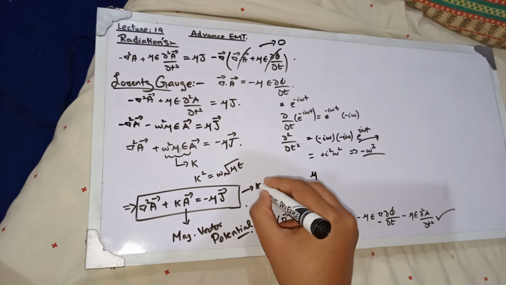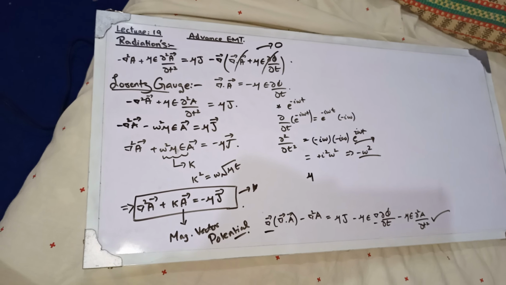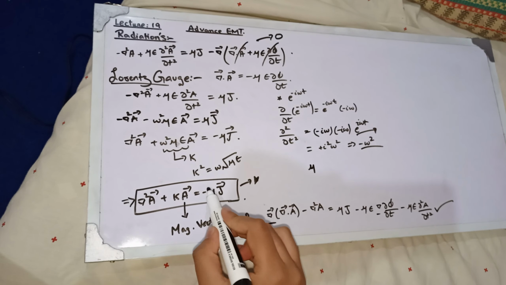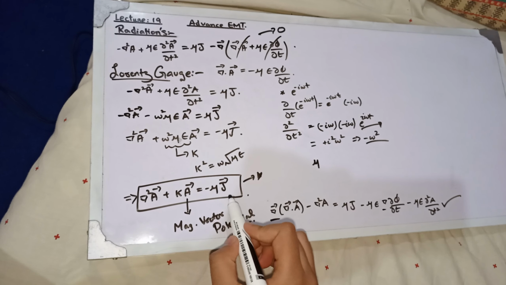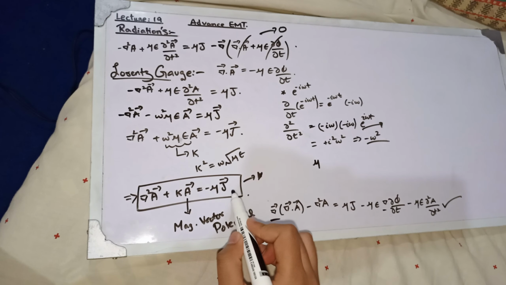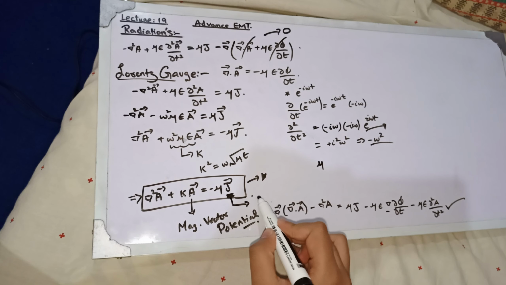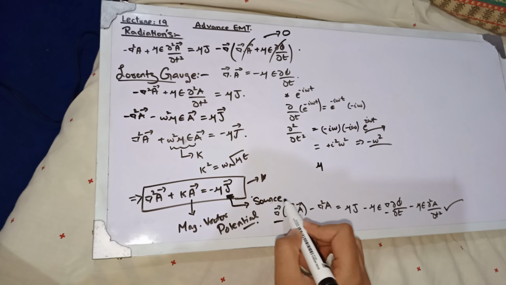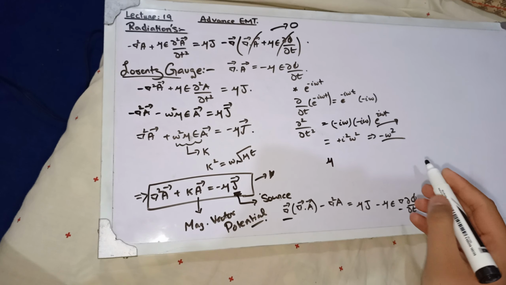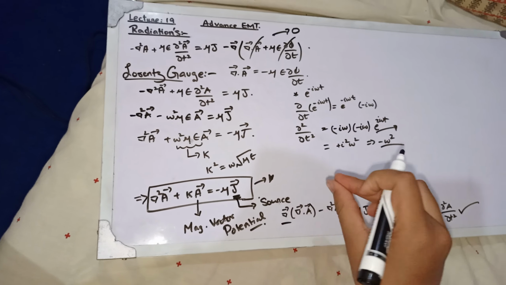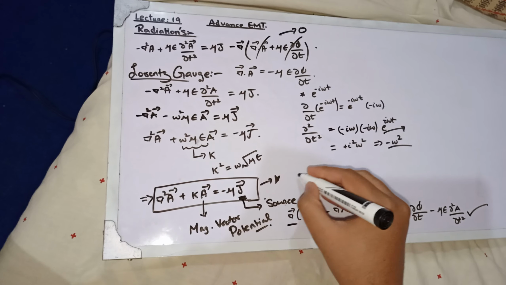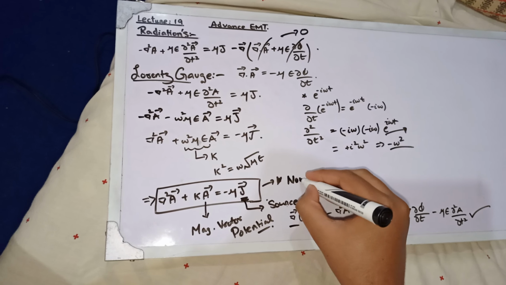This is non-homogeneous because this is the source term. This j is the source. So if there is a source, this is a non-homogeneous equation.